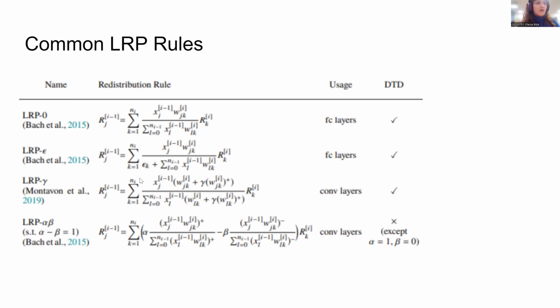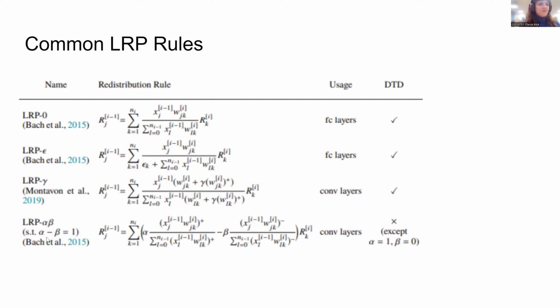The LRP epsilon rule adds a constant to the denominator and thus stabilizes the distribution process. And it is the case that the relevance of neurons with really weak contributions is driven to zero by this approach. And it is also observed in practice. This rule is also quite useful, mostly for fully connected top layers.